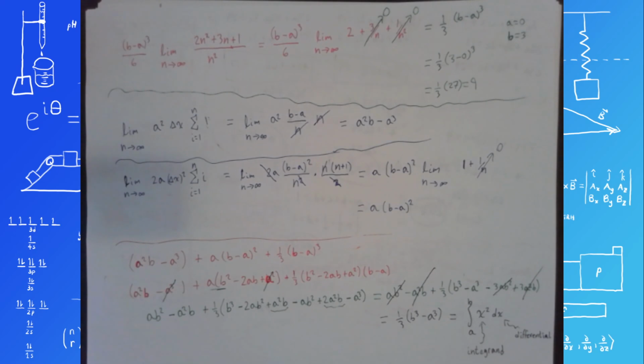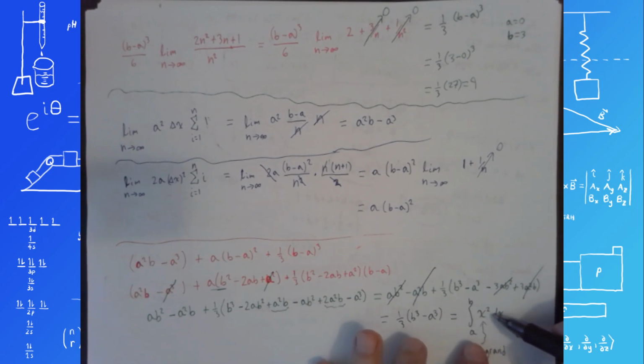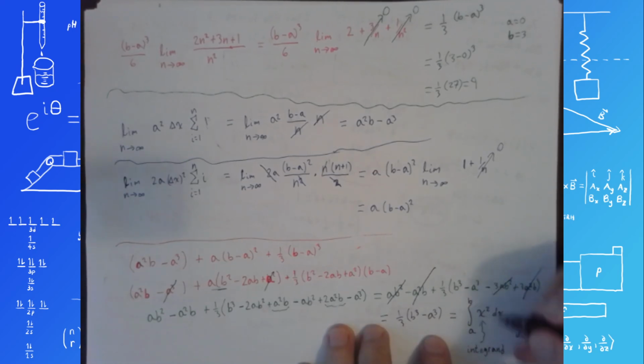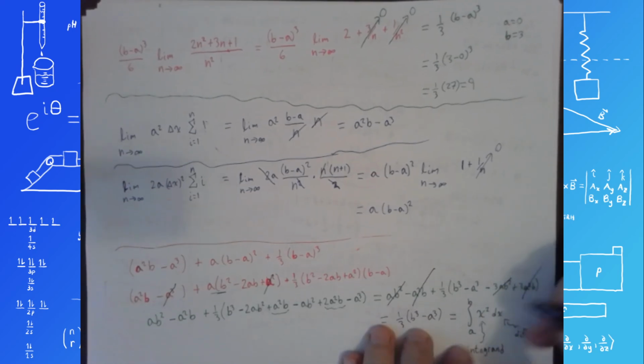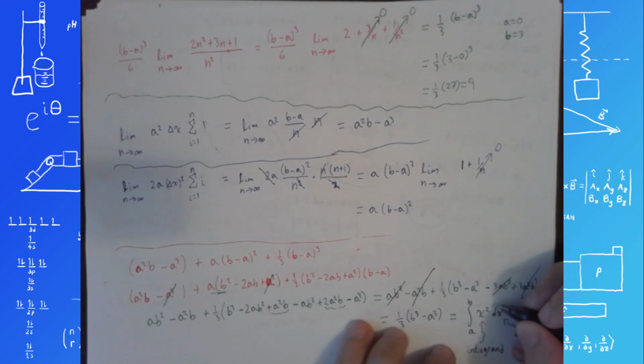So when setting up integrals, the thing that you need to remember is that the variable of your integrand must agree with the variable indicated by your differential. Otherwise, you can't really do anything. I won't go over a proof of this rule, but the basic idea for at least polynomial functions is that to do their integrals, all you have to do is increase the exponent by 1, so x squared becomes x cubed, and then you divide by whatever that new exponent is after you've done that increase.